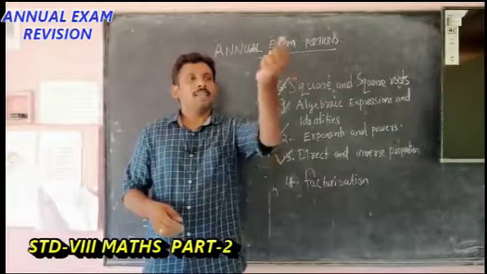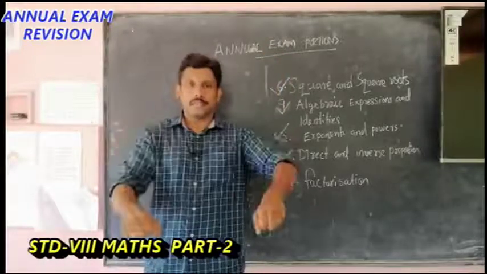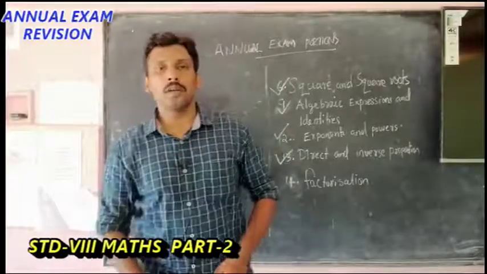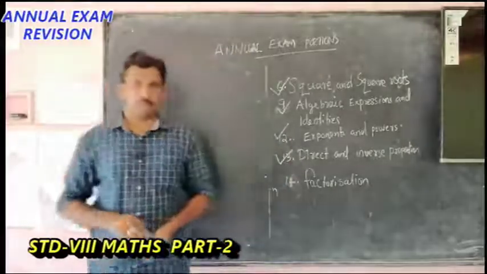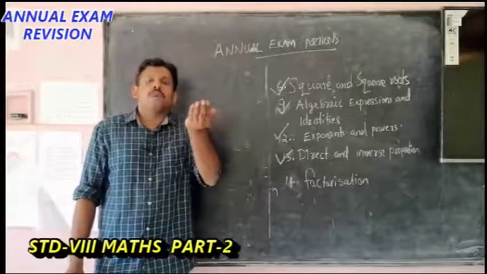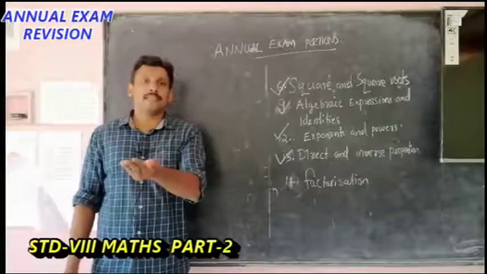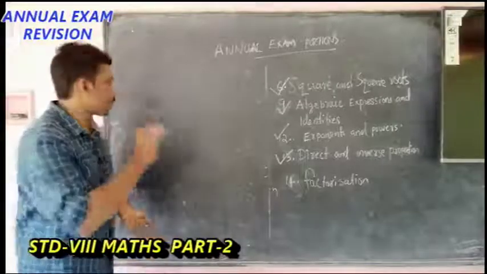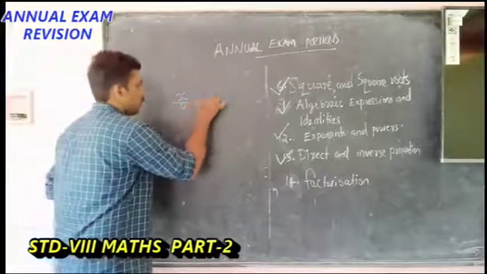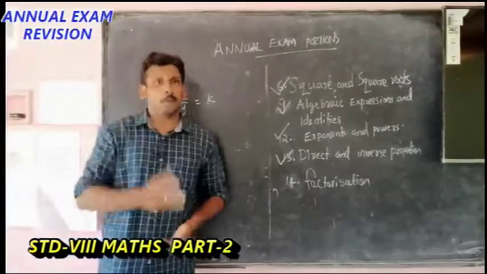If one is decreasing, the other is also decreasing, that is also direct proportion. So if the value of x is increasing, the value of y is also increasing, that is direct proportion. That means x by y is a constant.